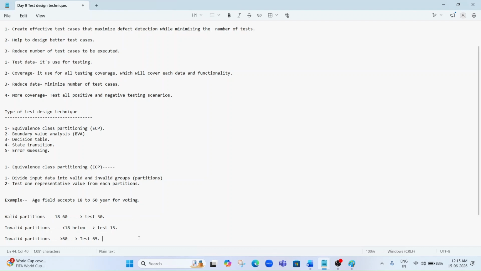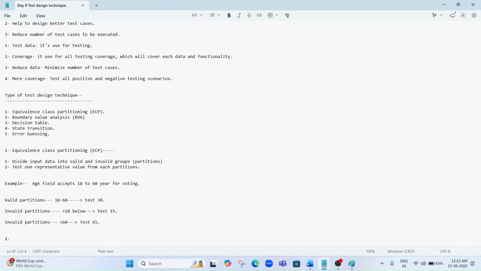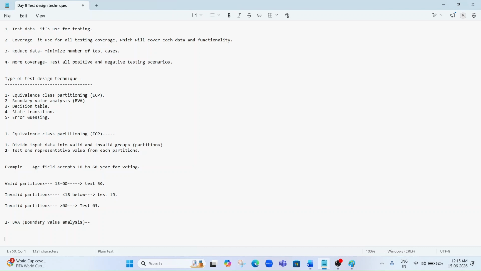Now the second is BVA, boundary value analysis. In boundary value analysis, we always test the boundary.